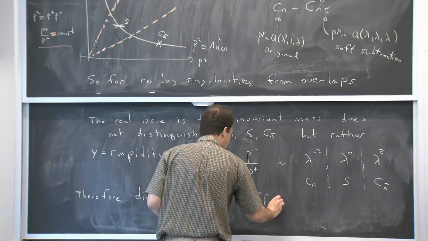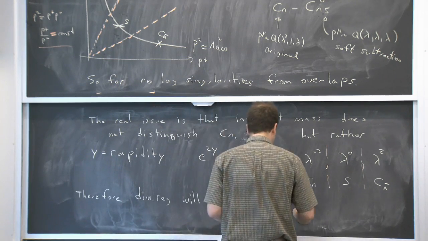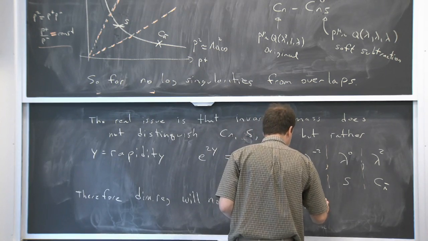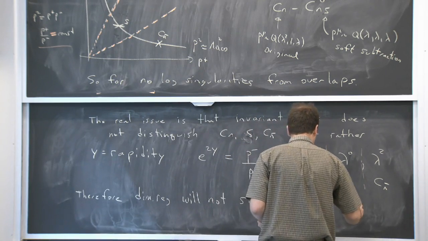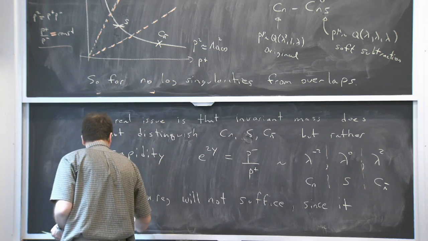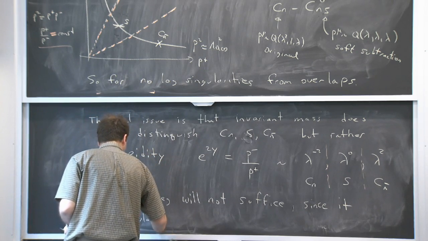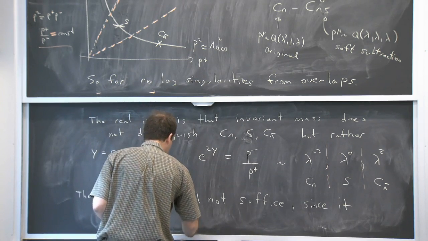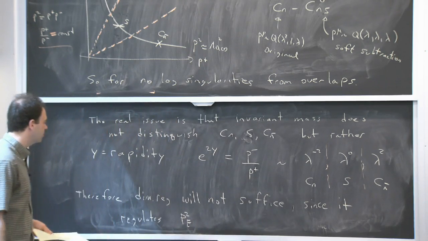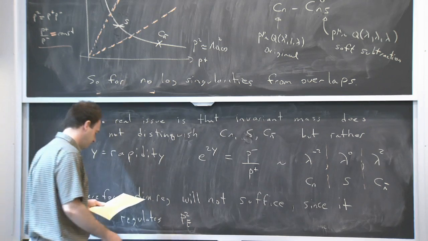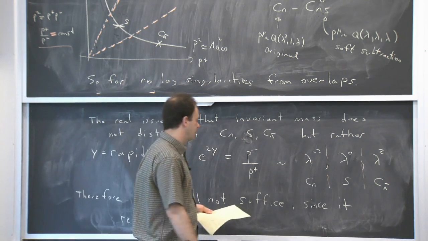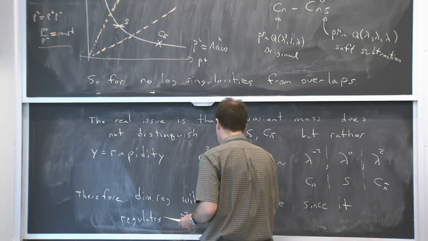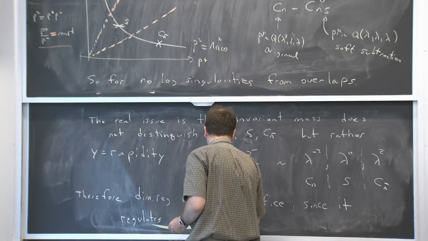There's a complication that dimensional regularization doesn't suffice. You could think of it as regulating p Euclidean squared once you do the Wick rotation, for example. So it separates hyperbolas, but it does not separate modes along a hyperbola.